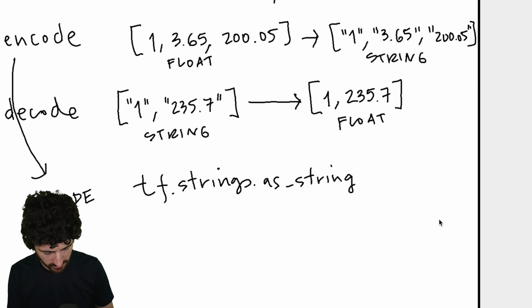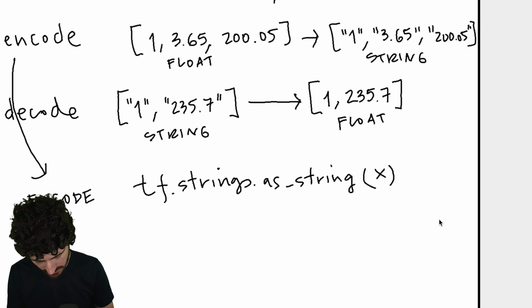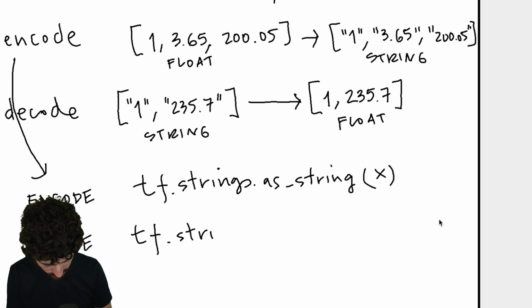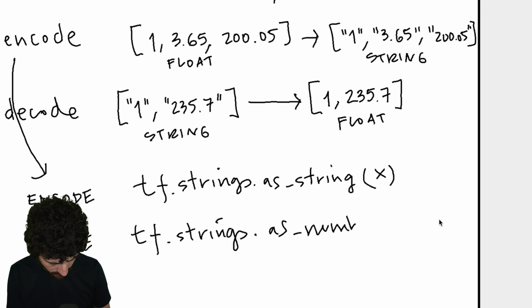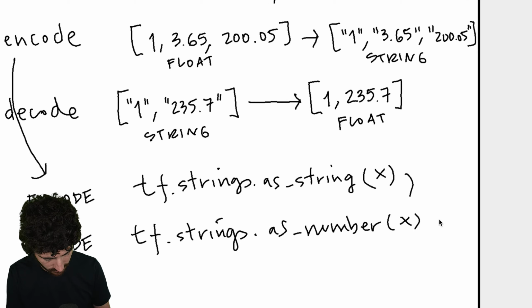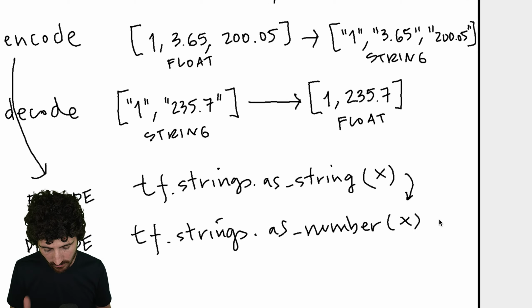So as a string, and then here our tensor, and then the decode step was tf.strings.to_number, and then x, which could be the result of this in here. So we encode and decode.